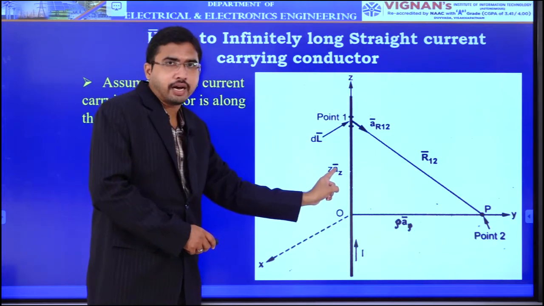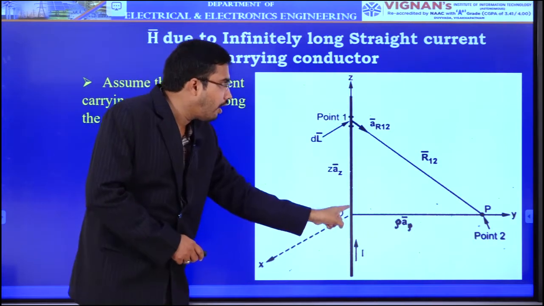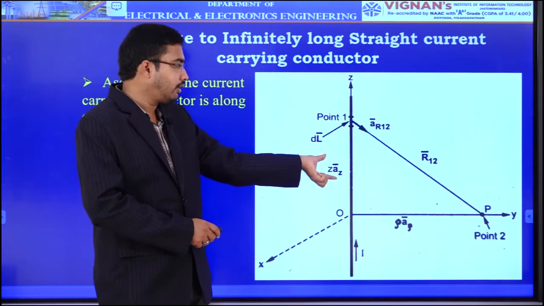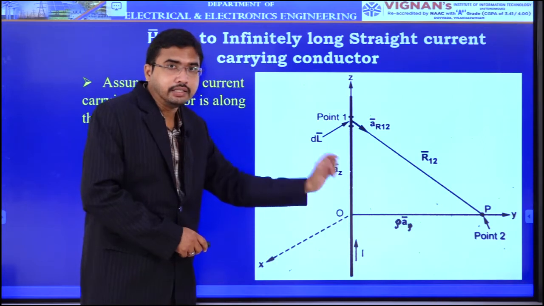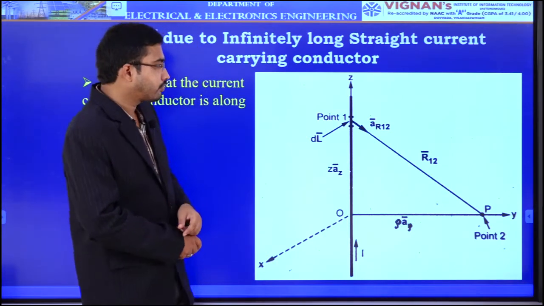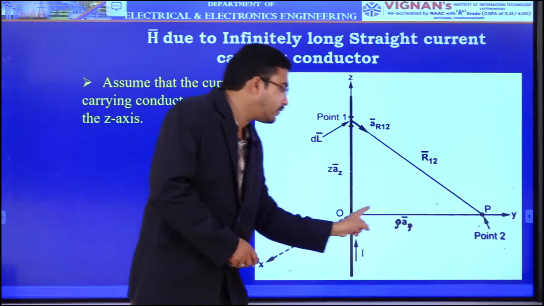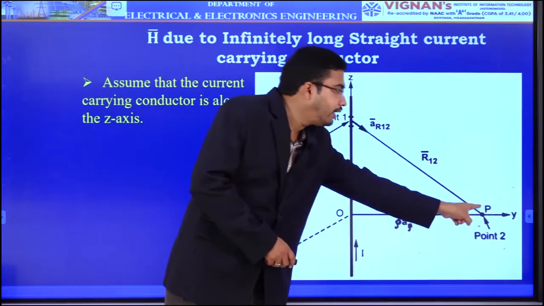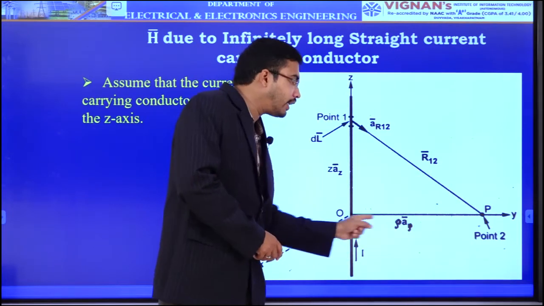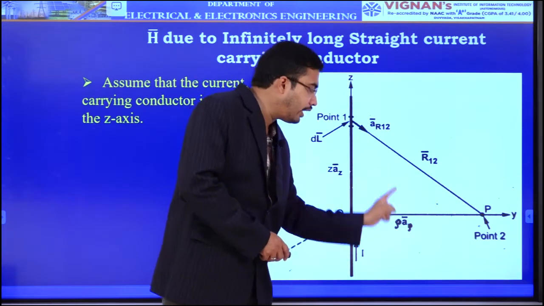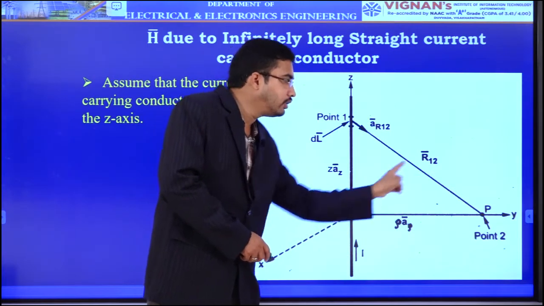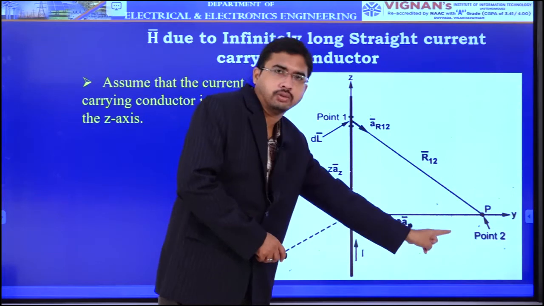That is az bar, and the distance from the origin to this point 1, let it be some z. So, the total distance in vector form is z into az bar. Now, the distance from the origin to this point P is taken as rho, and the unit vector in this direction is a rho, so the distance from origin to point P will be rho into a rho.